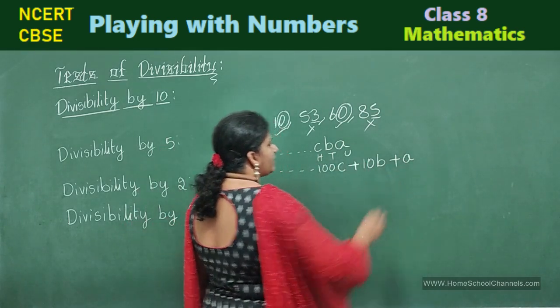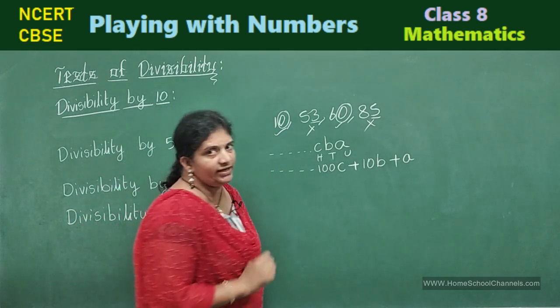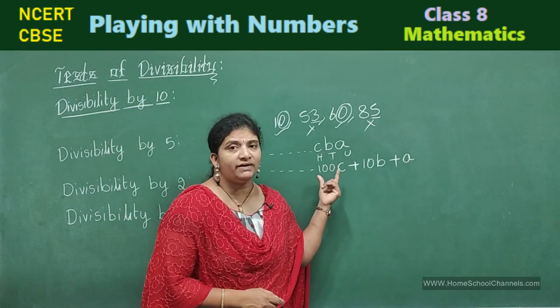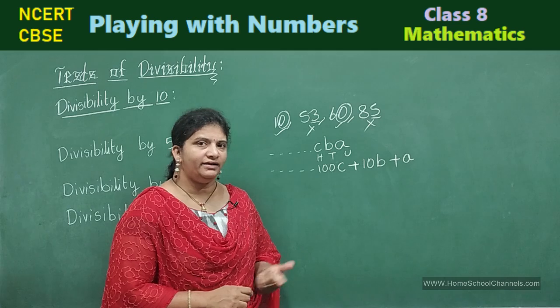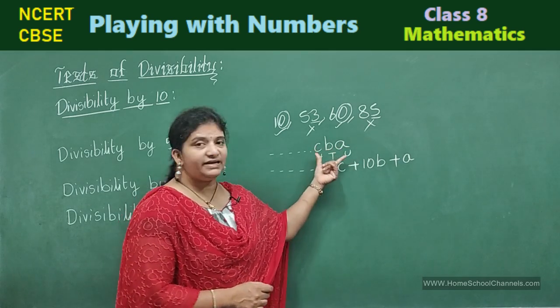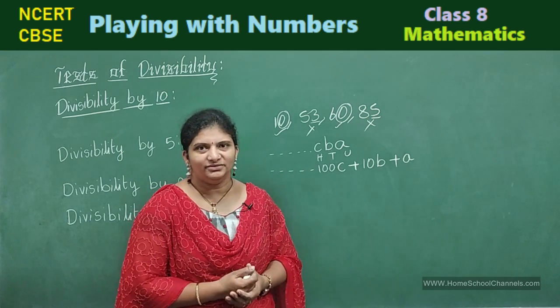Coming to A, we need to talk about only A now. A is in the units place. When we say the 3-digit number is divisible by 10, then this becomes 0. If the number is not divisible, then it may be any other digit.